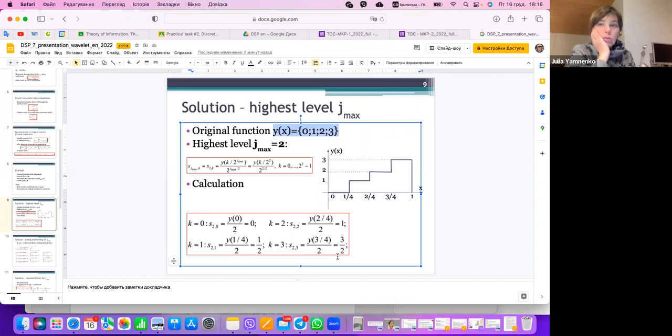And actually, that's all that we can calculate here, nothing more. D coefficients are absent here, only at the maximum level. All S coefficients are already calculated, so we are ready to go further to the next level, or to reconstruct the original function if we would like to turn back.